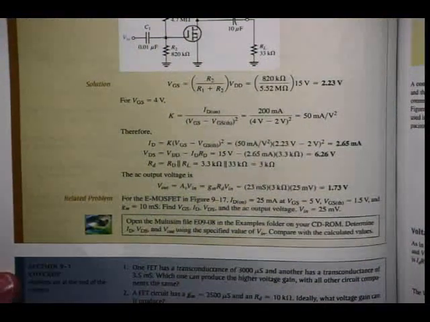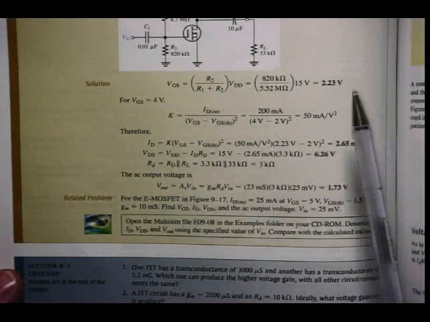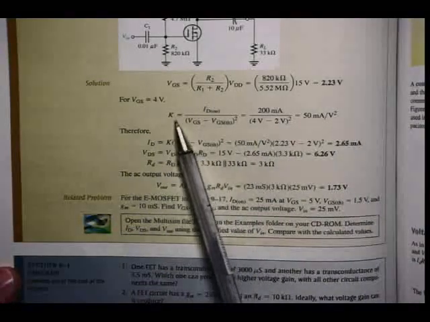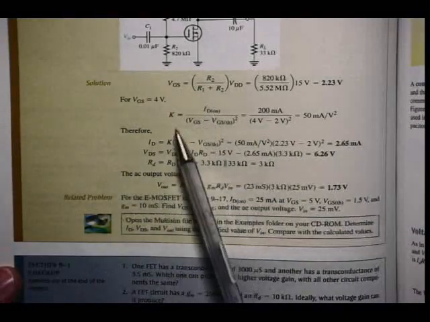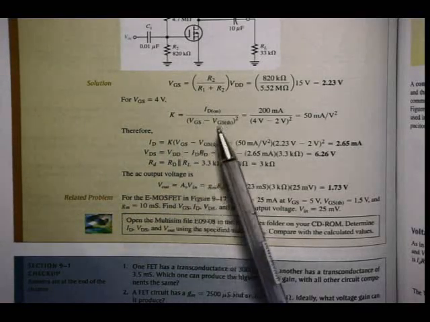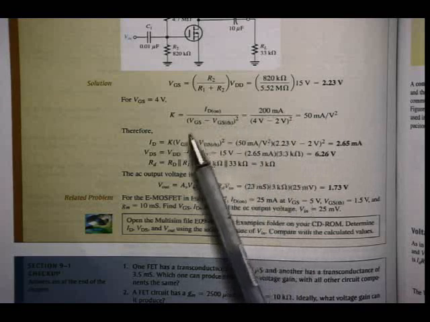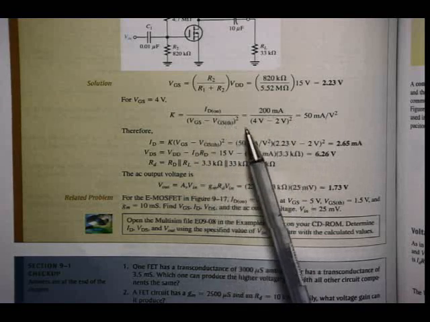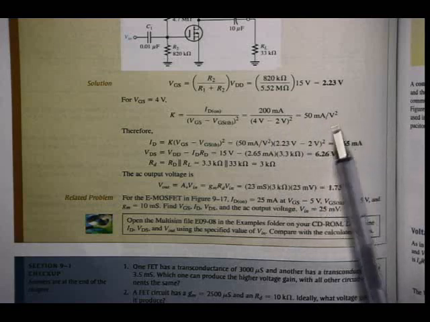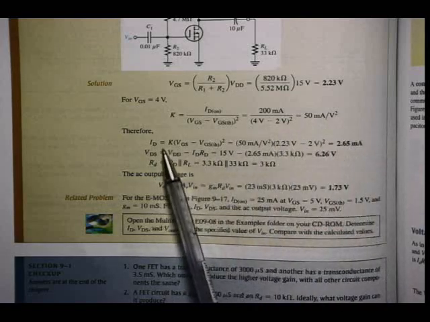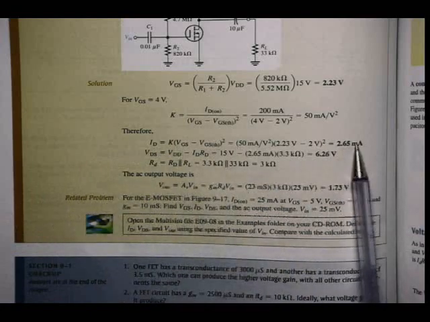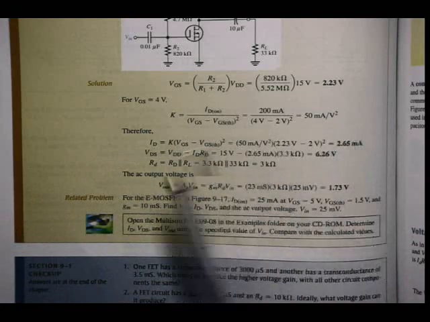So first I will go and calculate VGS, 2.23, then for VGS at 4 volts. Remember the formula from the previous chapter, just take out K so I can work out the constant first. ID on, which was given, divided by VGS minus VGS threshold, also given, squared, so it's 50 milliamps per square volt. So ID then is K times VGS minus VGS threshold squared, 2.65 milliamps.